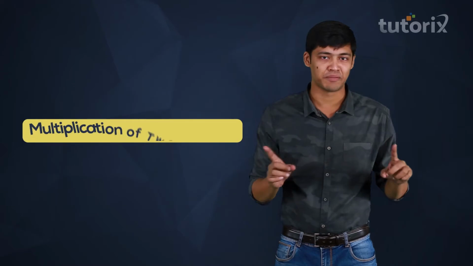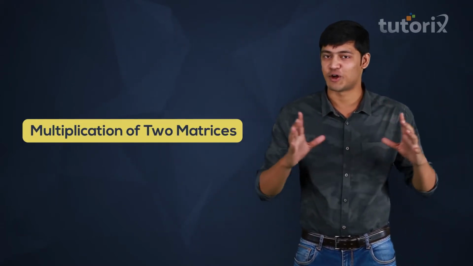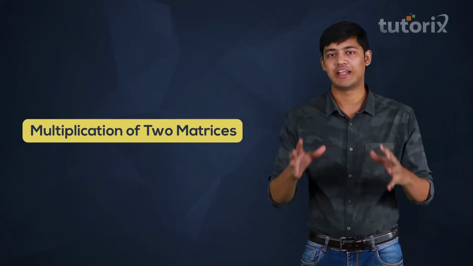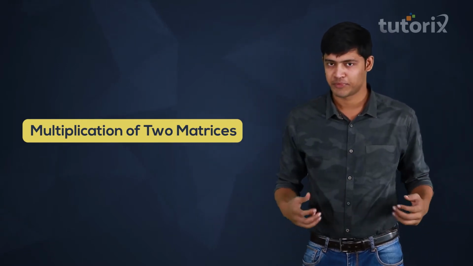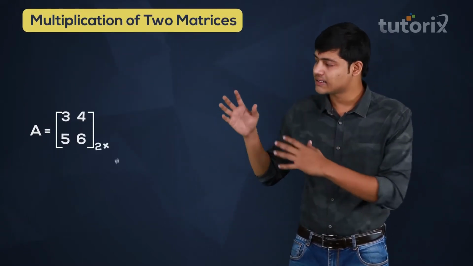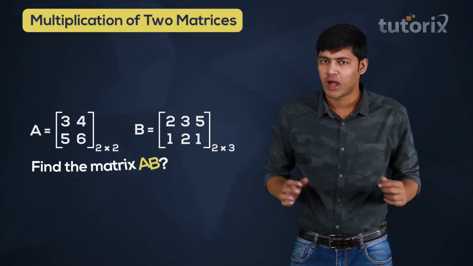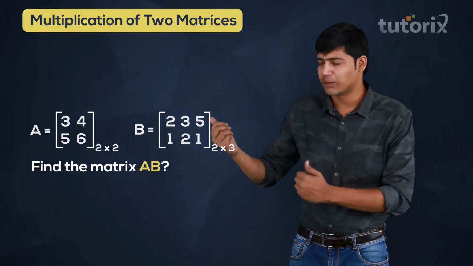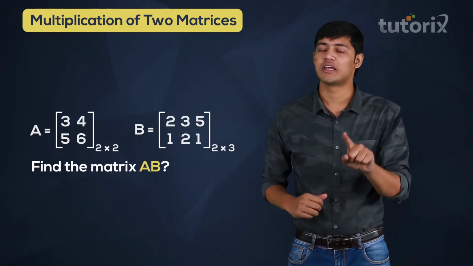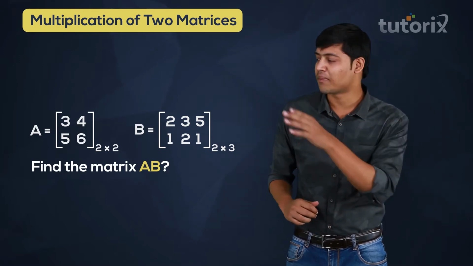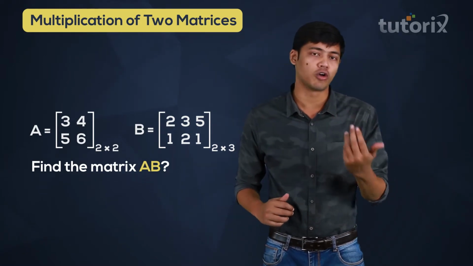So, therefore, we can conclude that the product of the matrices D and C in the order DC is not possible. Now that we have known the condition for the multiplication of two matrices, let's learn the multiplication of two matrices now. We will learn it with the help of an example. So, here are two matrices A and B. Now, what's the first step in multiplying them? The first step is to check whether the multiplication is feasible or not.